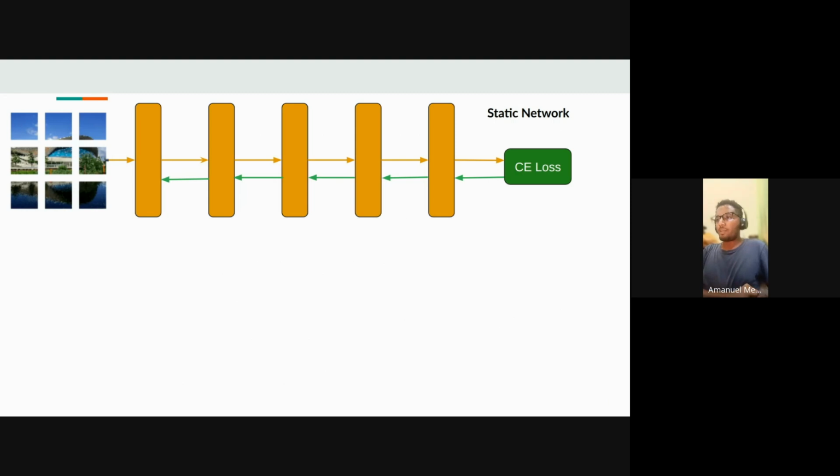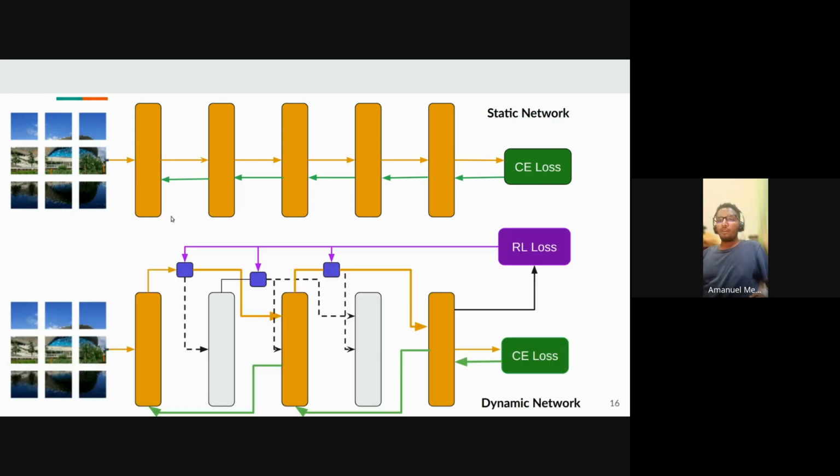So here's the typical network. The orange arrows show the forward pass, and we have our cross entropy loss, the green one here, and then the backpropagation would be the green arrow. Now, this is the architecture. On each layer, we have our agent here, and depending on the decision by this RL agent, the input might go through the next layer or simply skip it.